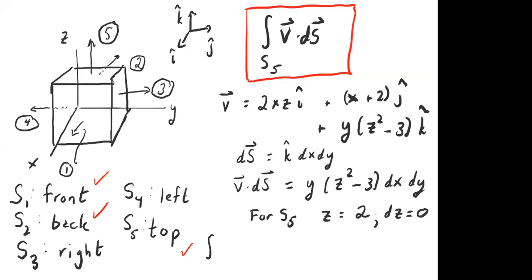So now I'm in a position to calculate the flux of v over surface 5. And that's simply just the integral over y from 0 to 2 times the integral over x from 0 to 2. Once I've done some arithmetic, I've gotten rid of the z here by recognizing it's just z squared, or 4. So finally, you can evaluate this integral, and it is 4.